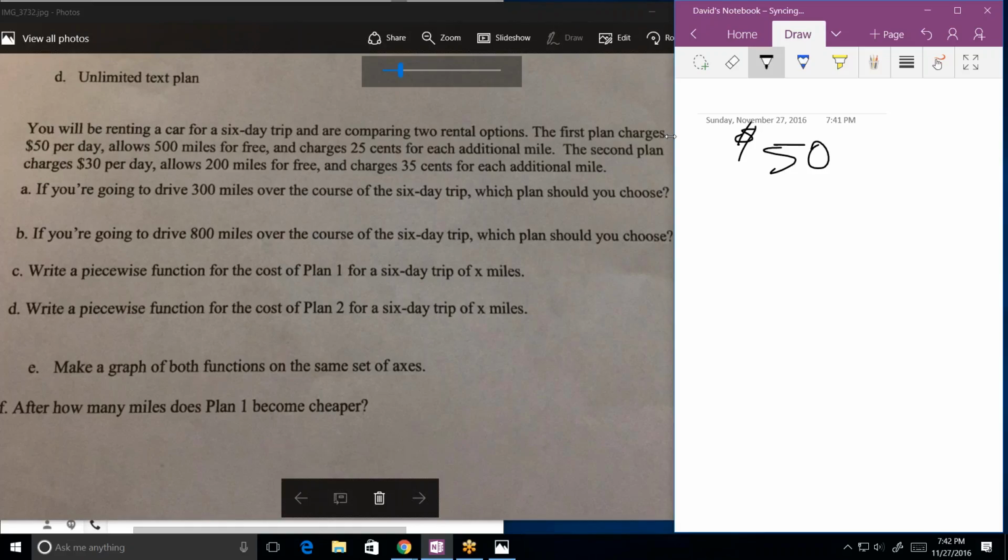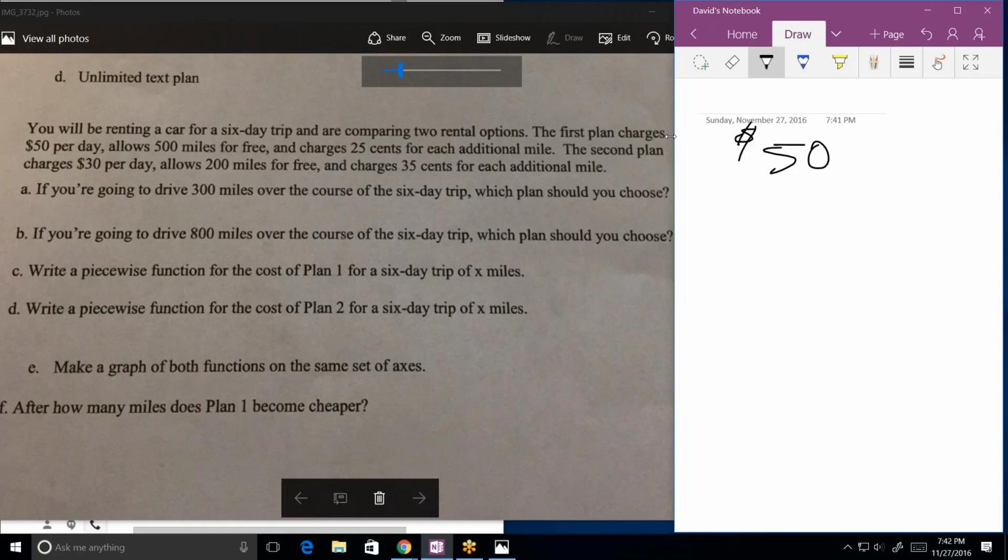So it's 30 plus what? Plus 0.35 times 100. Correct. In other words, the number of miles minus 200, right? Right. Okay. So the cheaper cost then is plan A.